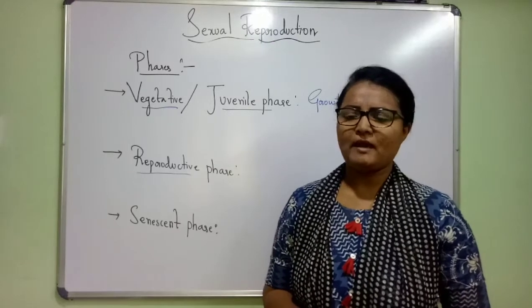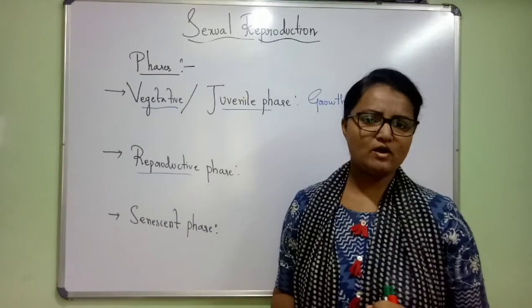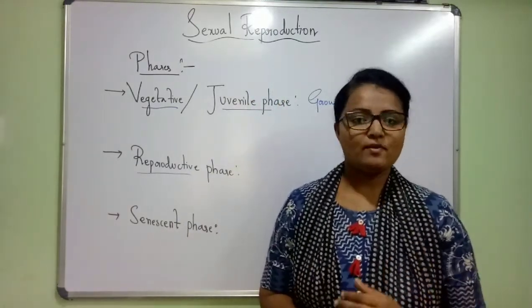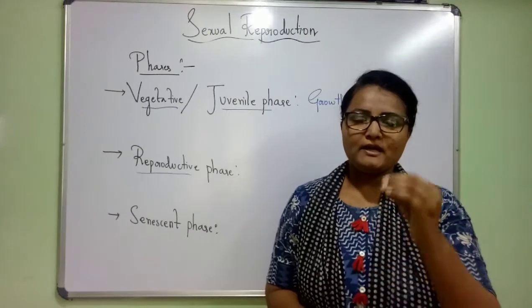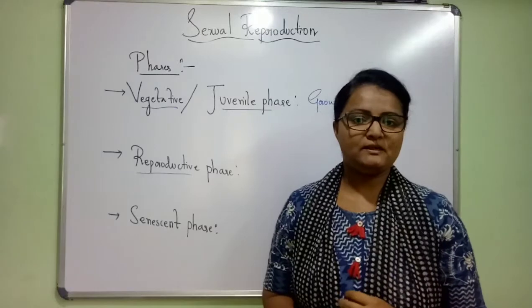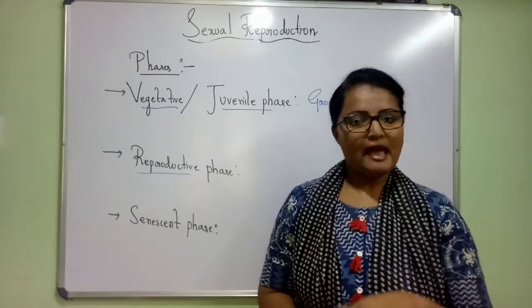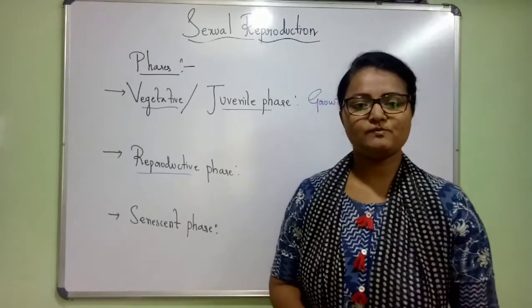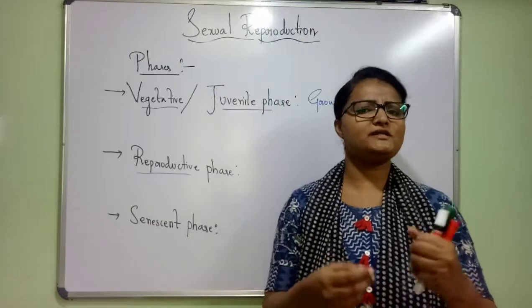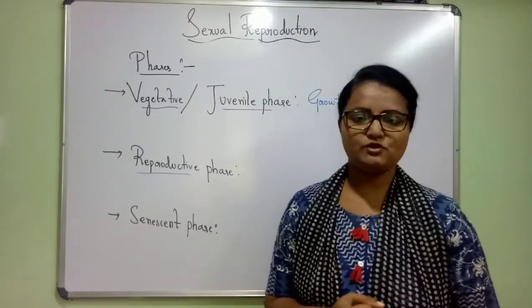If I'm talking about well-developed plants, because we are talking about sexual reproduction, the properly sexually reproducing plants in the plant kingdom are angiosperms, the flowering plants. I'll take an example from angiosperms itself, such as hibiscus.